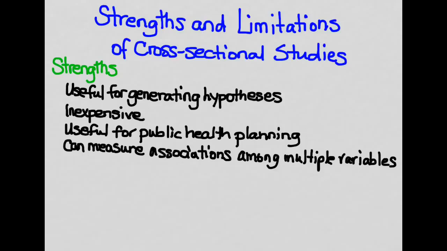Useful for public health planning. If you see that the prevalence of particular things is higher in some groups, then that suggests how you could spend public health dollars. Also, what's good about cross-sectional studies is because you're looking at individual level data, you can measure associations among multiple variables.